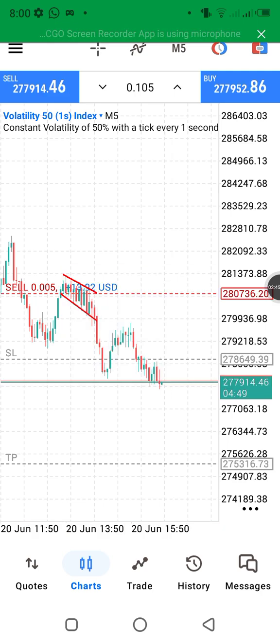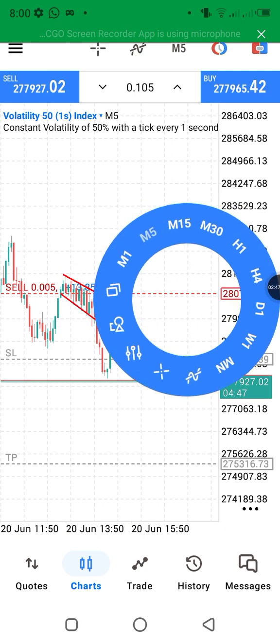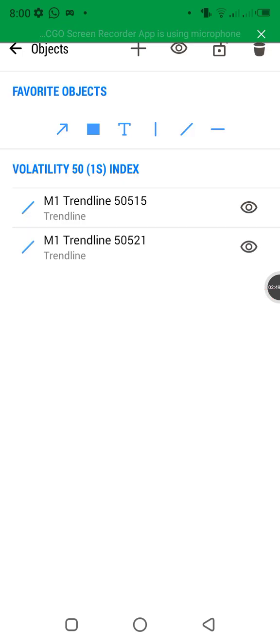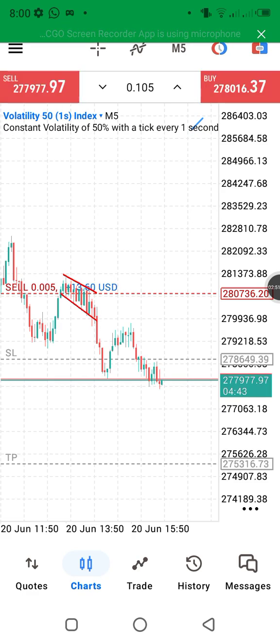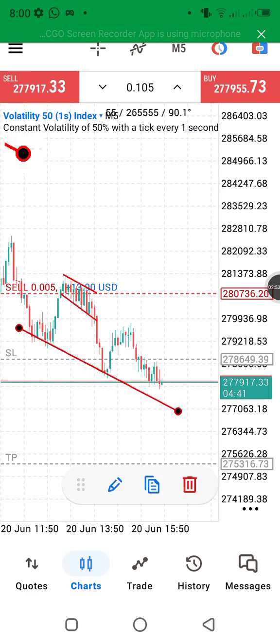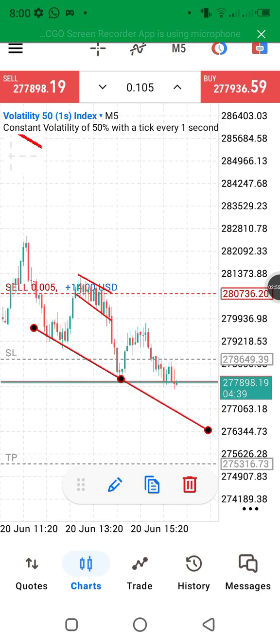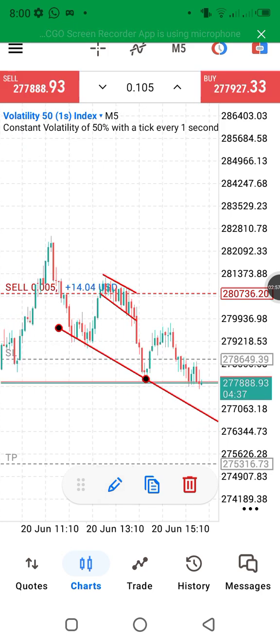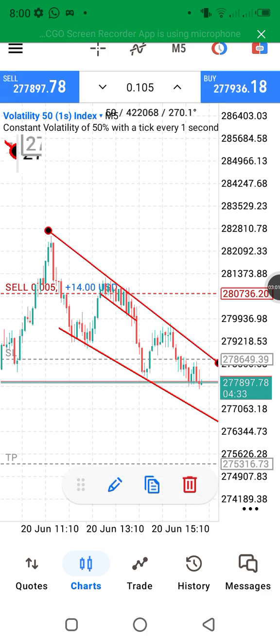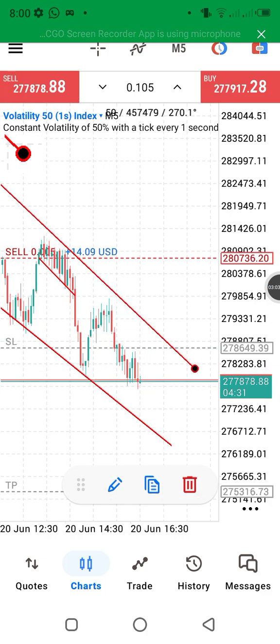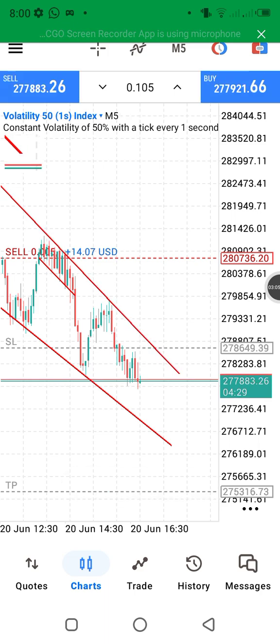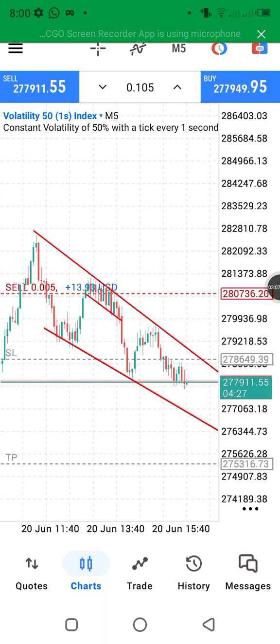But for people who wanted another sniper entry, I would advise that you look for a pattern. The next pattern that you can look for is probably this one. If you observe, price hasn't yet touched the bottom. If you draw something like this, you see that this is like a downtrend, a down channel, right?